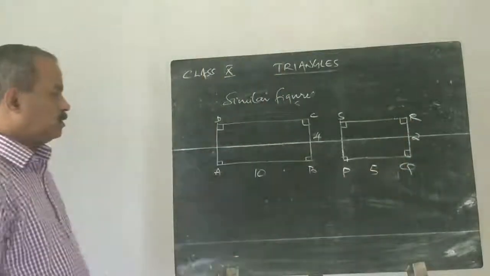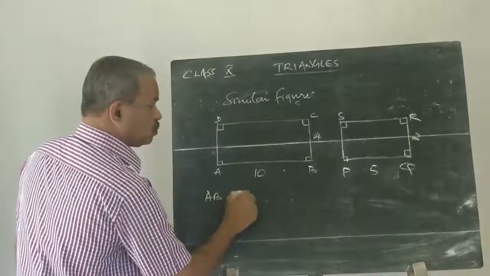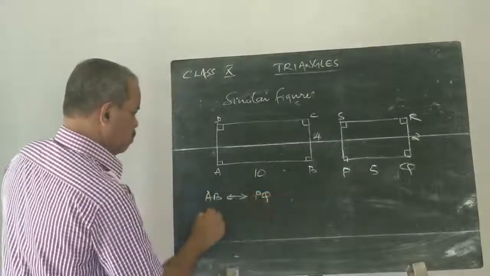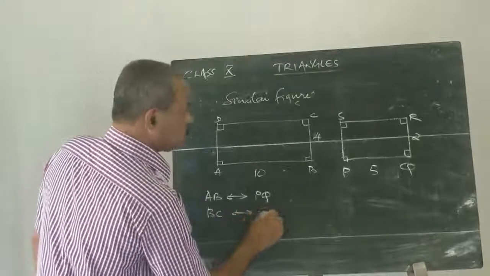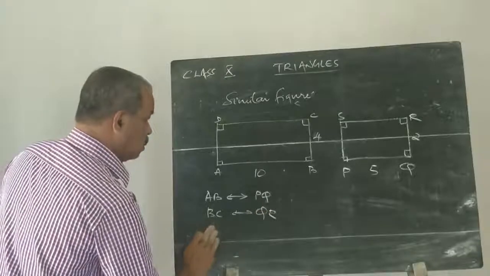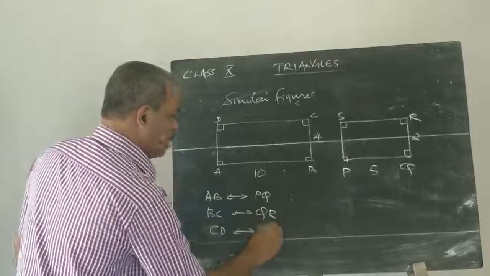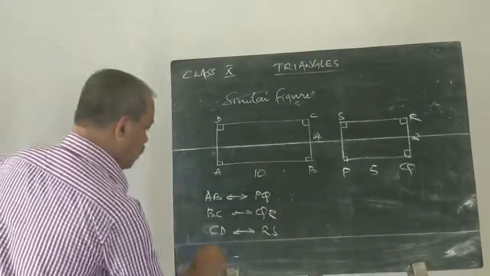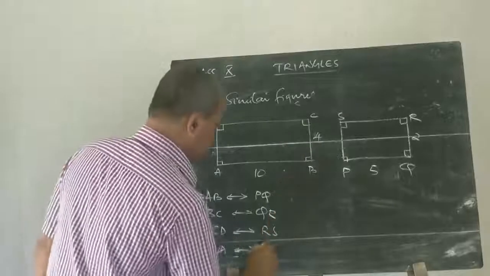What are the corresponding sides here? AB corresponds to PQ, BC corresponds to QR, CD corresponds to RS, DA corresponds to SP.